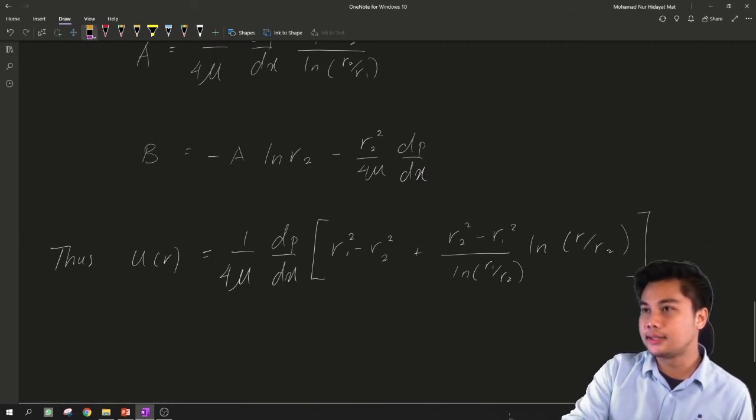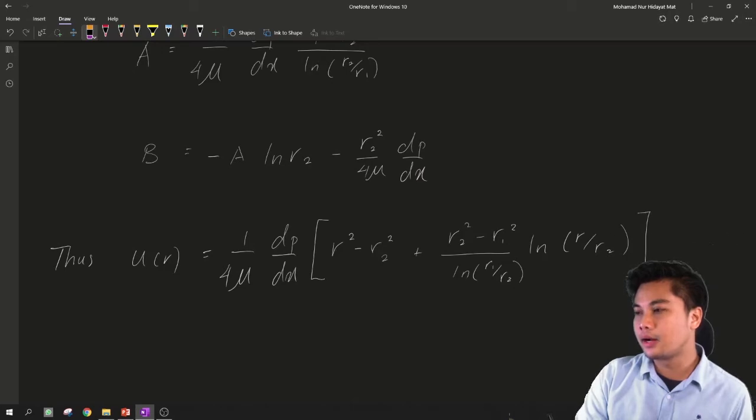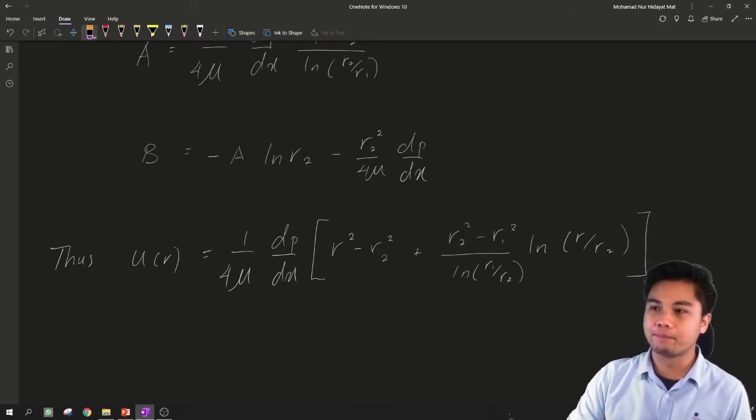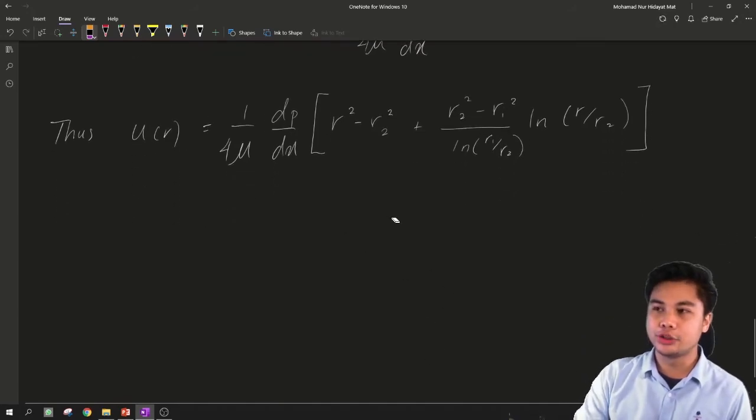So this is the velocity distribution, or velocity profile, with respect to r.